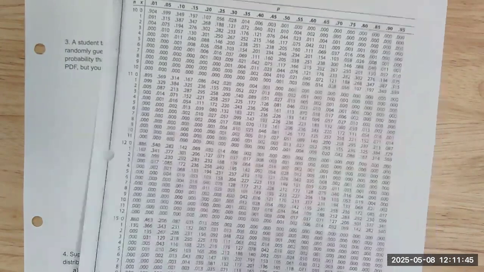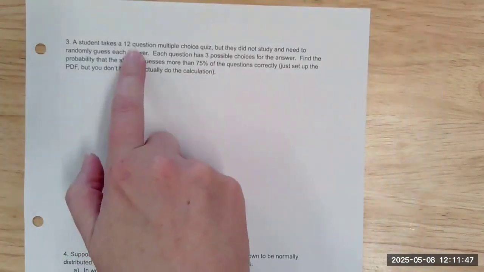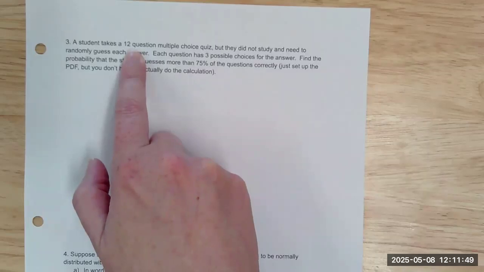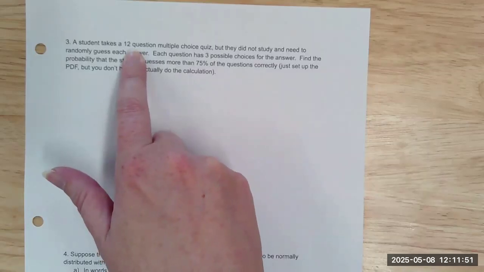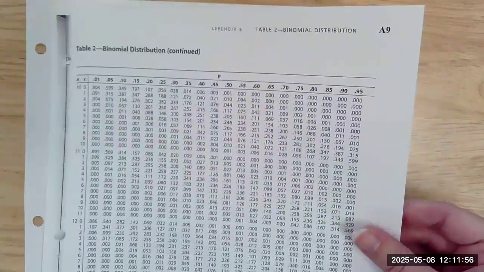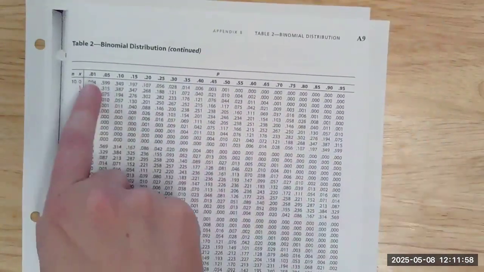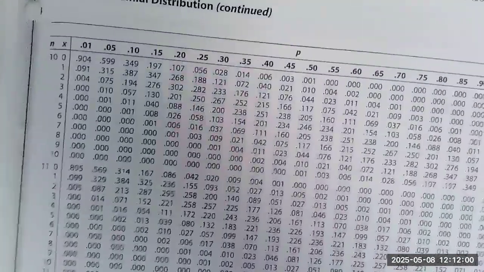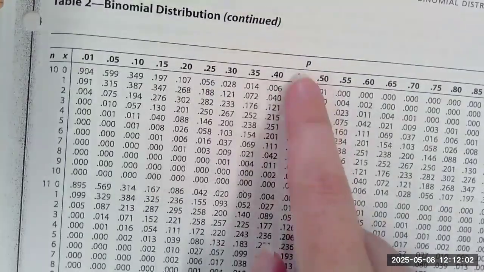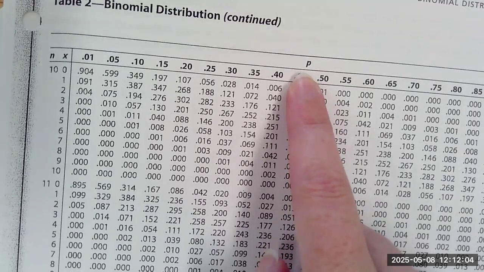But there's also another part, because this is a 12-question multiple choice quiz. So I almost was like, oh, cool, this question that I wrote will work with her table, except it won't. And here's why. If you look across the top of this table, it's really tiny. It's got the p values, and that's the probability of a success.